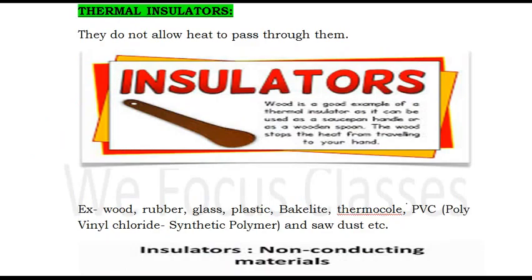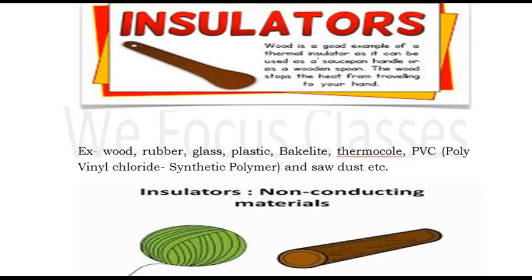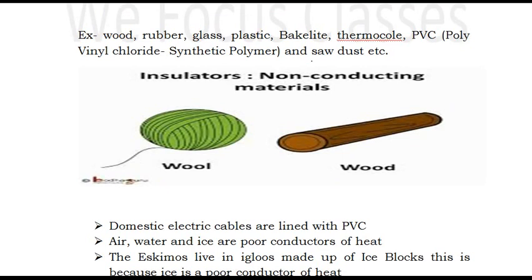Now we'll see thermal insulators. A thermal insulator is exactly the opposite of a thermal conductor. Whereas thermal conductors allow heat to pass through them, thermal insulators do not allow heat to pass through them. The best examples are wood, rubber, glass, plastic, bakelite, thermocol, PVC, and sawdust, etc. In juice shops, ice is covered with sawdust, and sometimes kept in thermocol boxes.